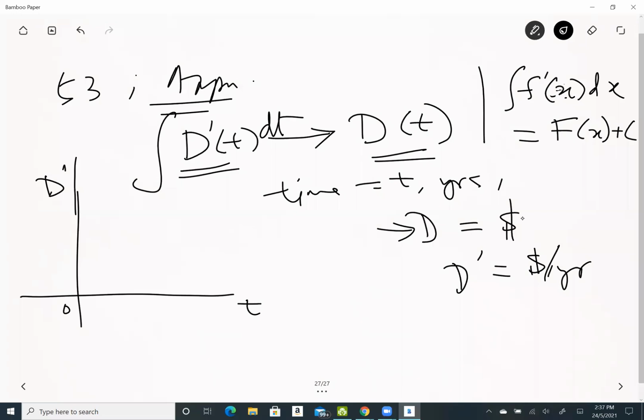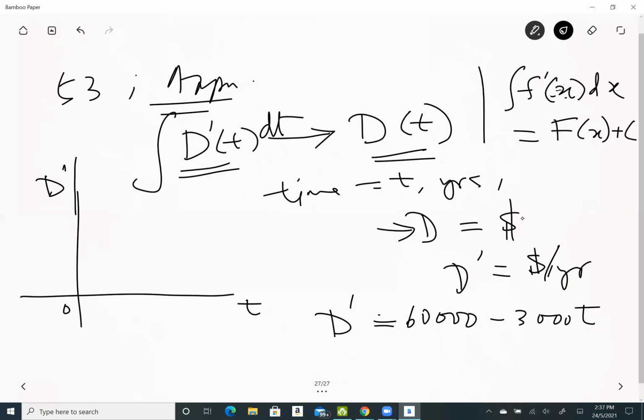D prime is equal to 3,000 multiplied by something in the bracket. What type of function is that? Linear. When you multiply out, we get 60,000 minus 3,000t. So that is a linear function.